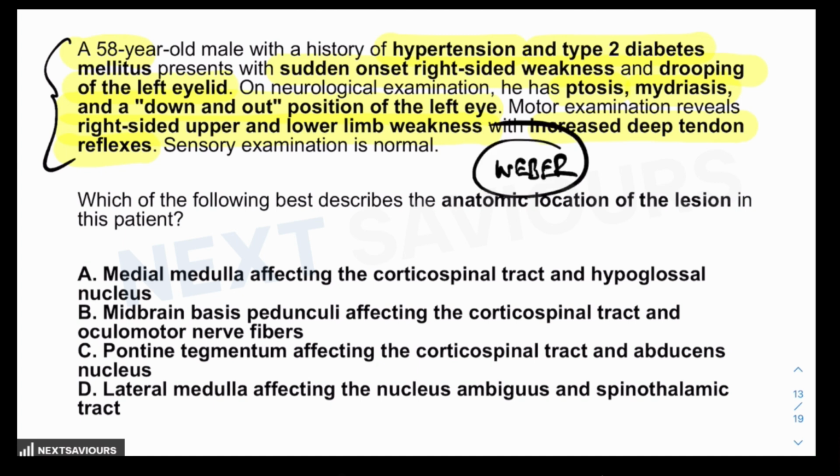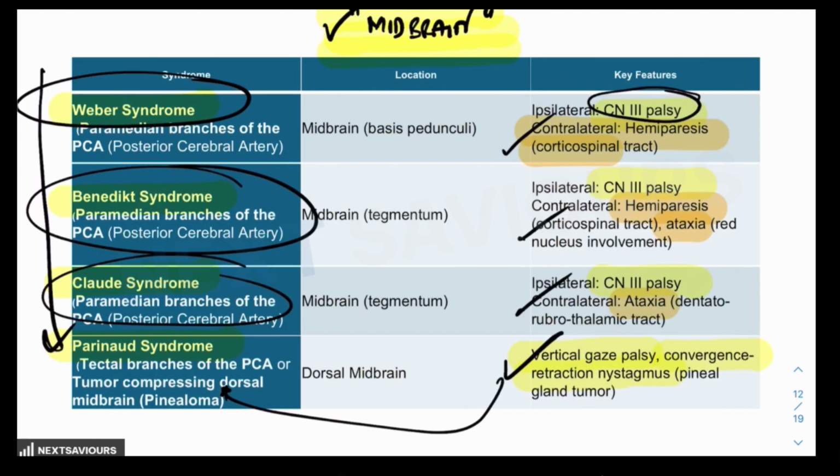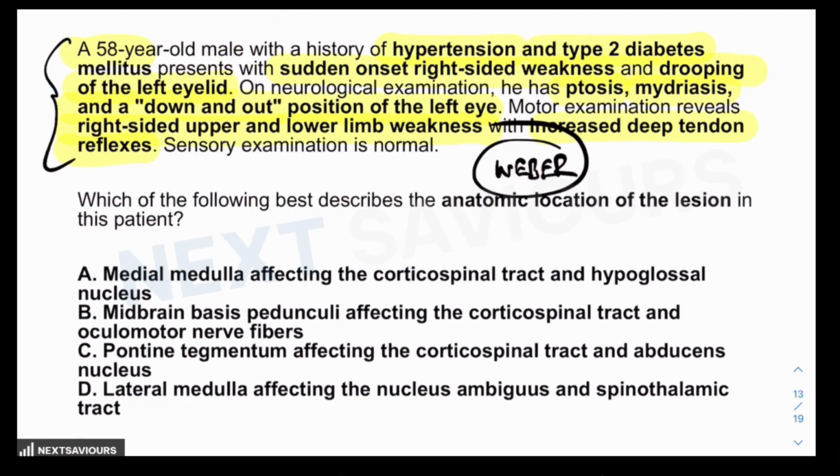Weber syndrome is caused by a lesion in the midbrain basis pedunculi. And if you want to mark the answer for this particular question, the answer is B, the involvement of the midbrain basis pedunculi affecting the corticospinal tract and the oculomotor nerve fibers. So this is why the step-by-step approach is important for you to mark the correct answer related to these questions.